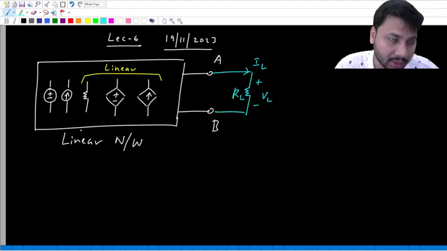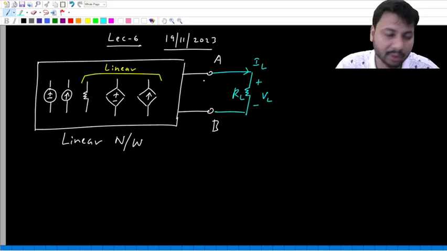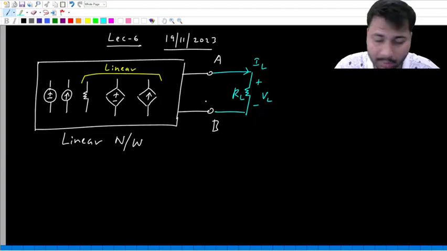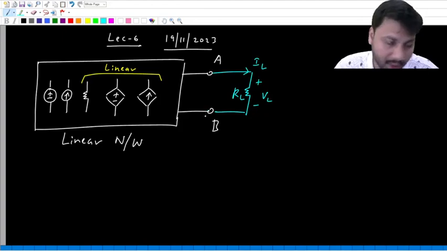This white box is a linear network with only one port, these two terminals A and B. Across it I have connected some load resistance RL. Now, what are we interested in?